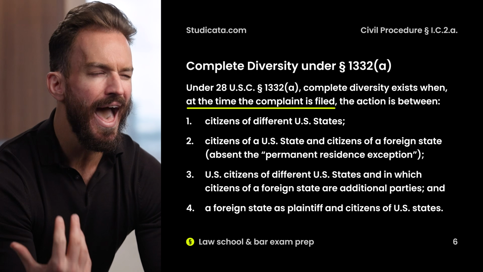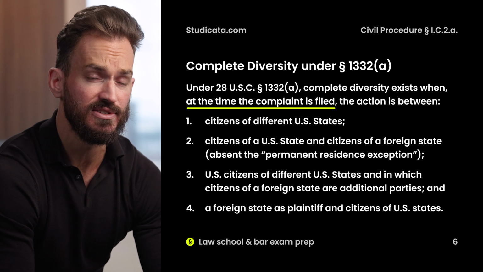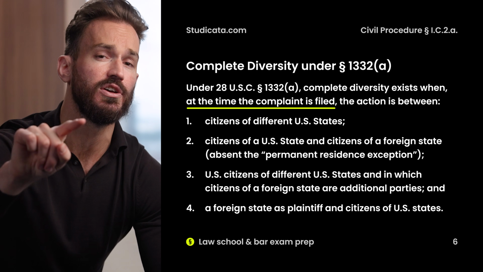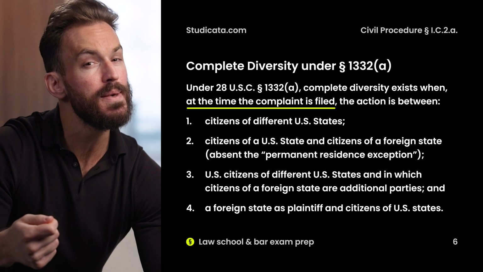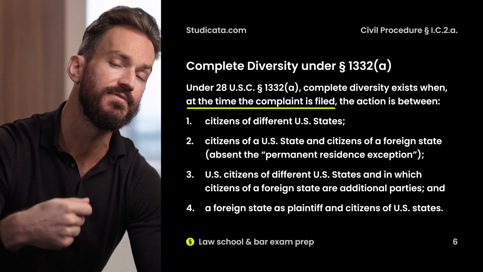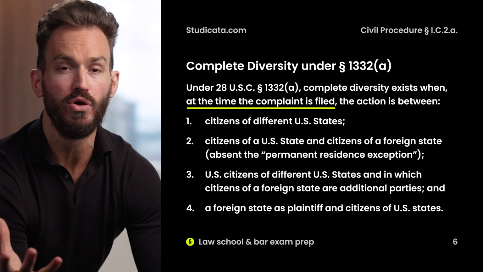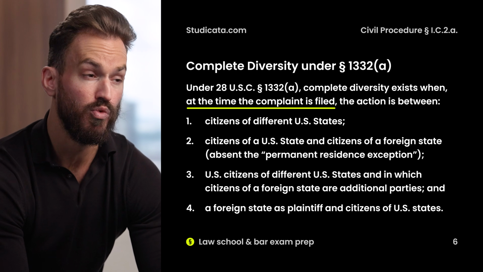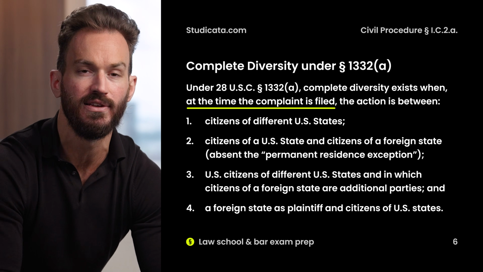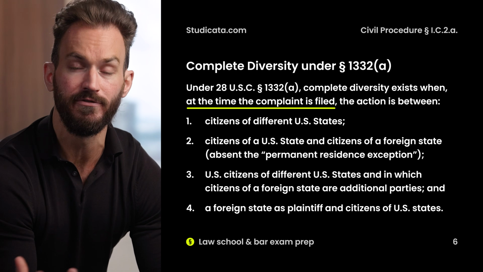So what can happen sometimes in these fact patterns is a person might be a citizen of Texas when the actions that give rise to the lawsuit occur, but by the time the complaint is filed, the party's citizenship has changed. Maybe they've moved. Maybe something else has happened. They were a citizen of Texas when the actions occurred, but when the complaint is filed, now they're a citizen of Florida.